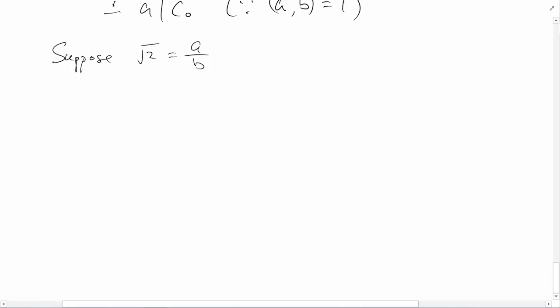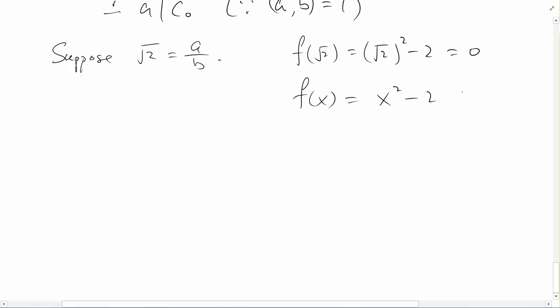It is not difficult to see that square root 2 is a root of this equation, f(x) equals x squared minus 2. If you put the square root 2 in this function, you get the function value equals 0.